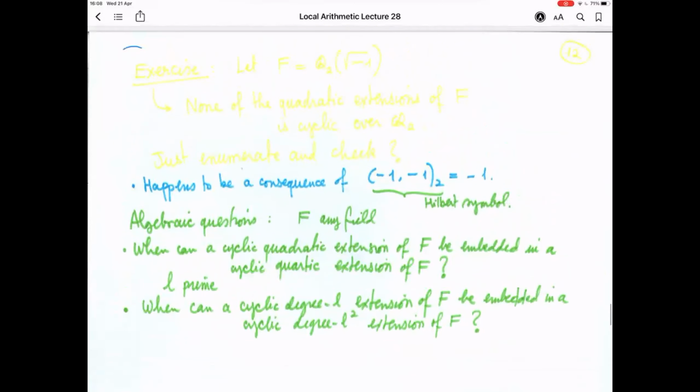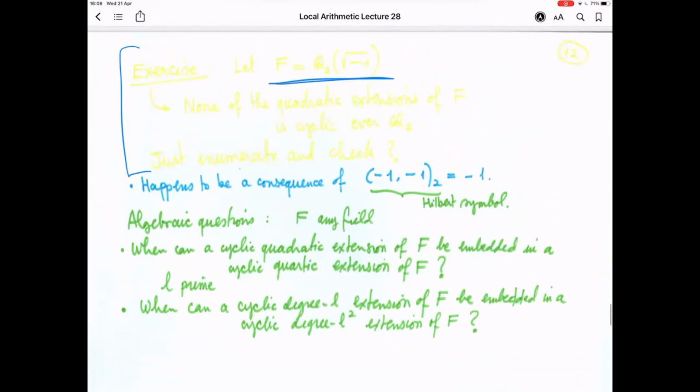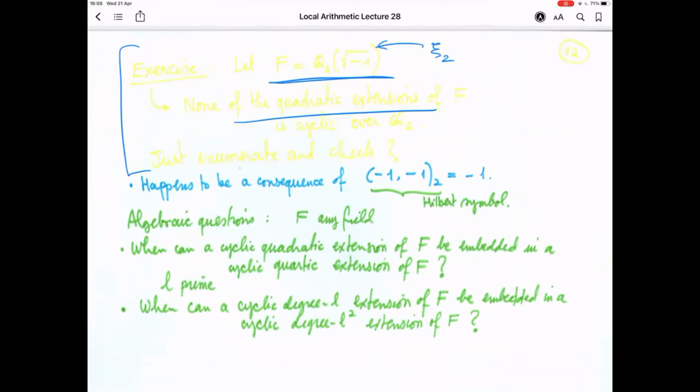Here is an exercise which is perhaps not visible. It says that if you take F equal to Q2 to which I adjoin the square root of minus 1, which we have been calling Psi2, then none of the quadratic extensions of this F is cyclic over Q2.